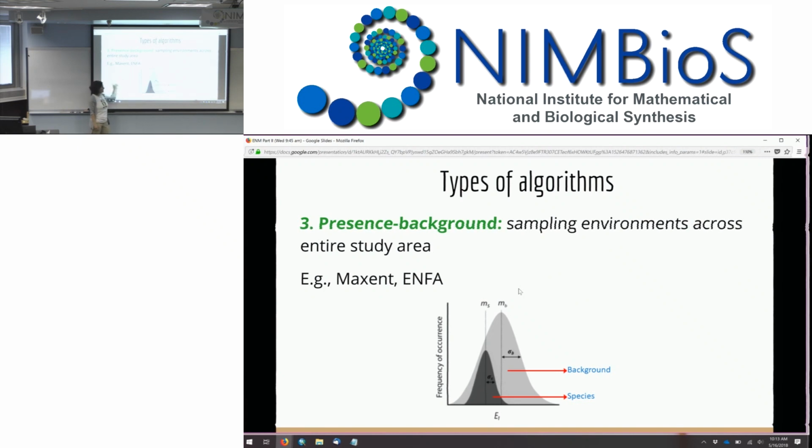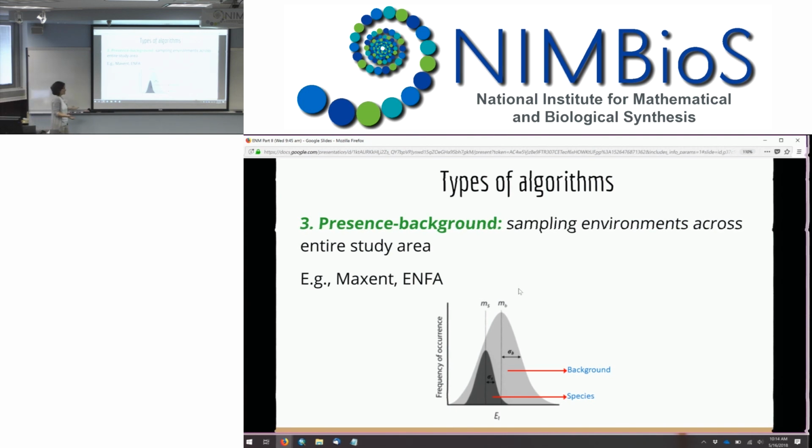What we are trying to do with this presence background approach is figure out which environmental conditions are more frequently associated with presence than the background. So we are trying to separate between combinations of environmental conditions that are associated with presence versus the rest of our study area.